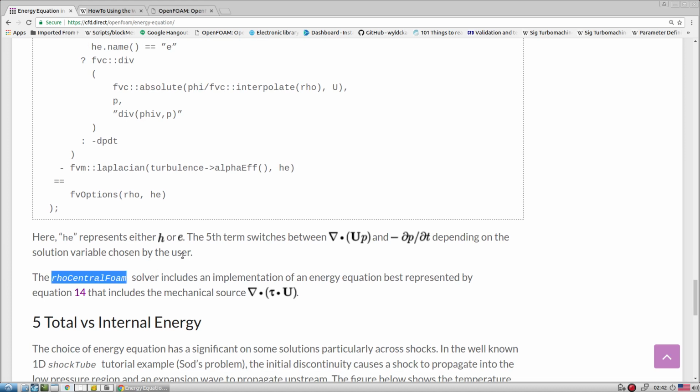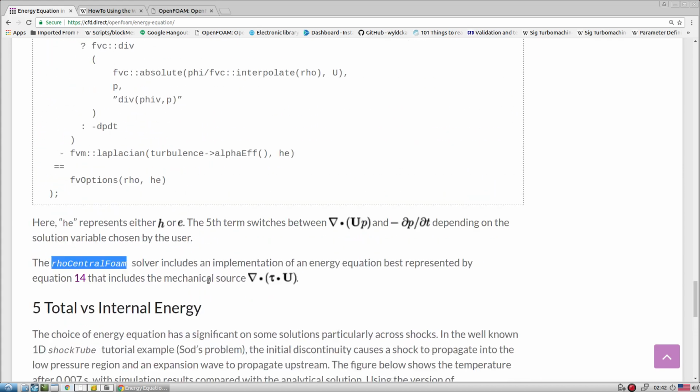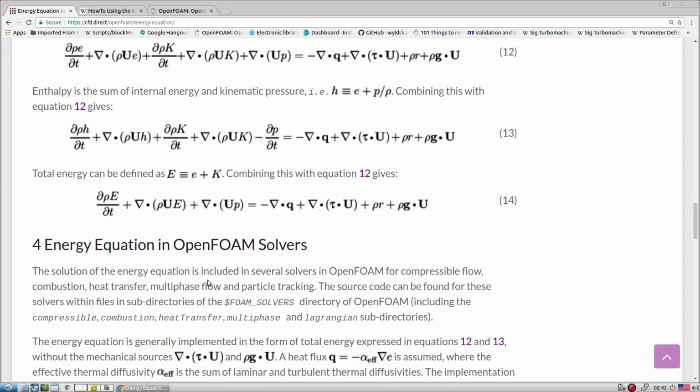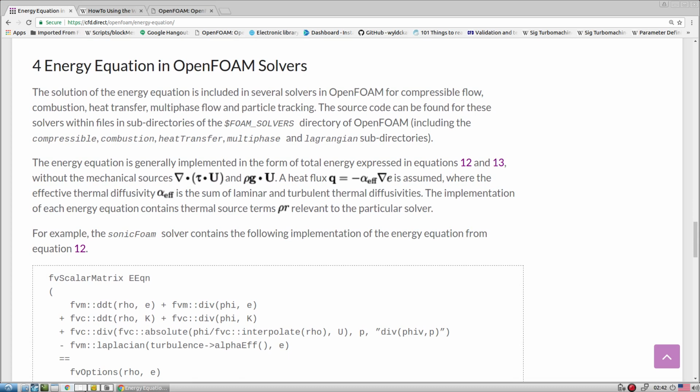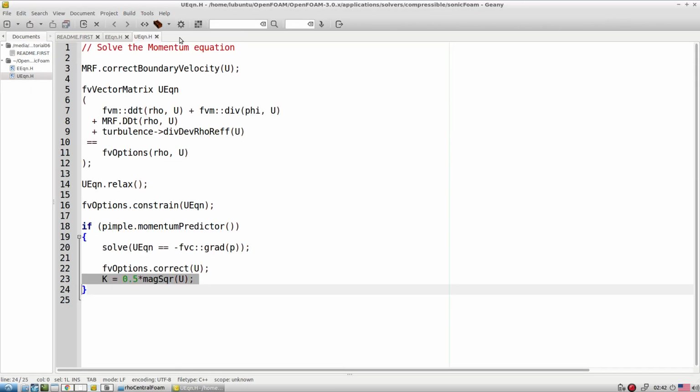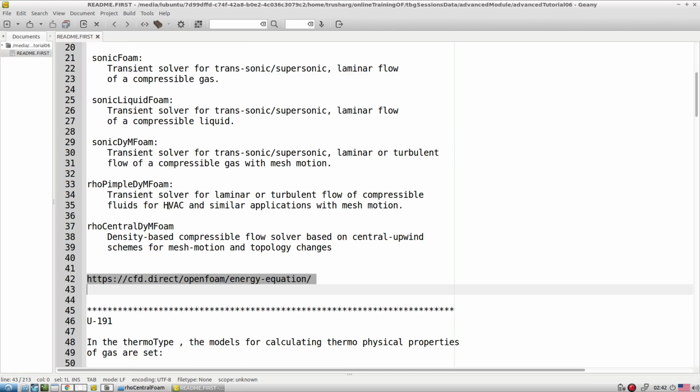So depending on the solver requirement, one can use a different class of equation very quickly. This page gives you the idea about the different classes of equation coded inside OpenFOAM.